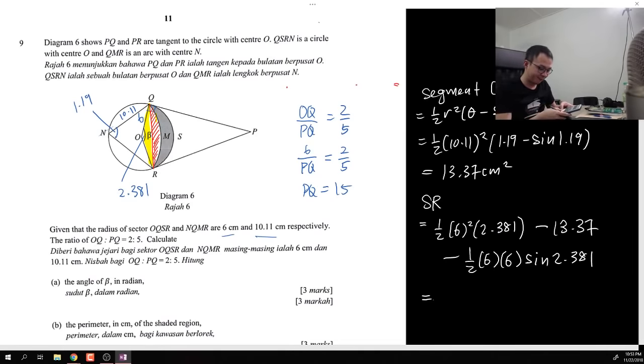So 1 over 2 times 6 squared times 2.381 minus 13.37 minus 36 over 2 multiplied by sine 2.381. My final answer should be 13.08 cm square.